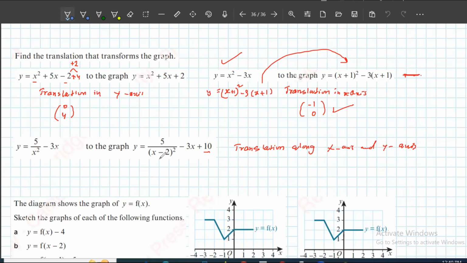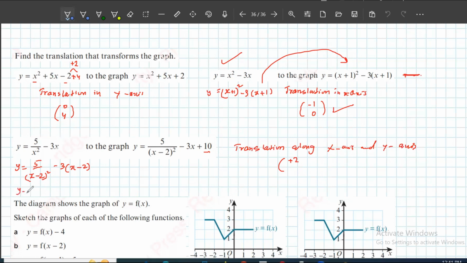In this situation we find out the translation vector. One, we can see clearly it is -2, so the first translation vector value is +2 because here they write -2. Look, if I apply this: 5 over x minus 2 whole squared minus 3 bracket open x minus 2, and then they write plus 10. What they add to get plus 10, that's what we are looking for in the second element. If you multiply 3 inside, minus 3x minus minus plus 6.